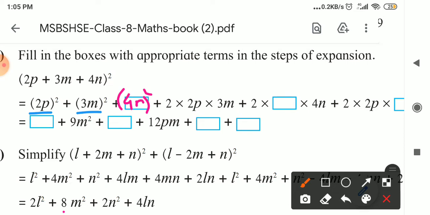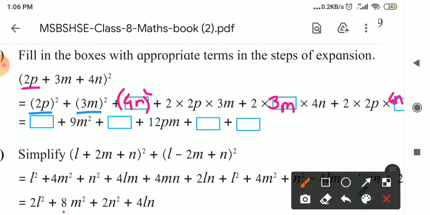Now 4n is already written, so I will write here 3m. Okay, and then a square plus b square plus c square plus 2ab plus 2bc and plus 2ac. So a is written here, c we have to write here. So what will come according to formula here, 4n will come.